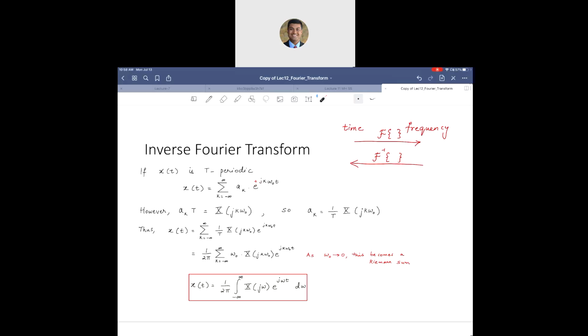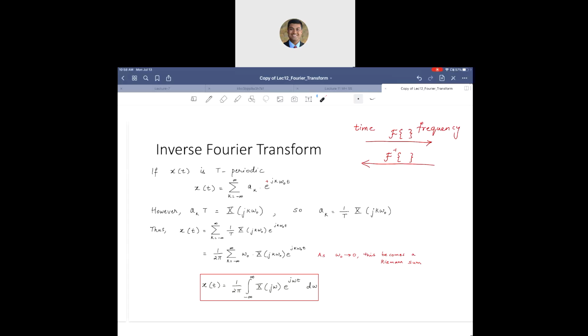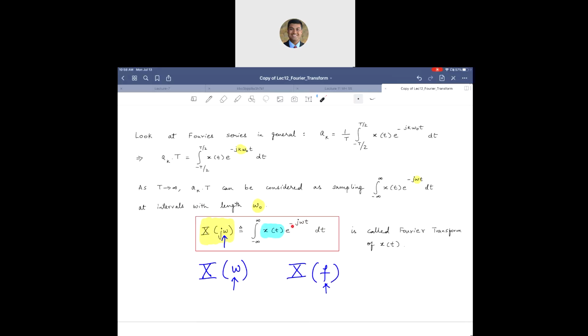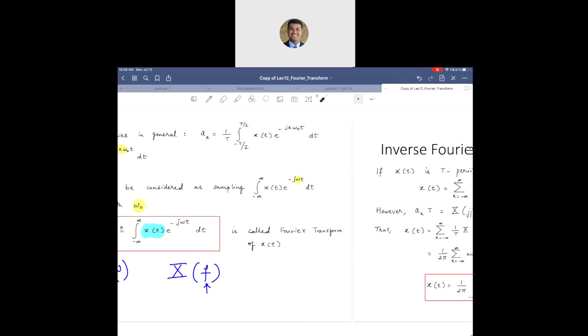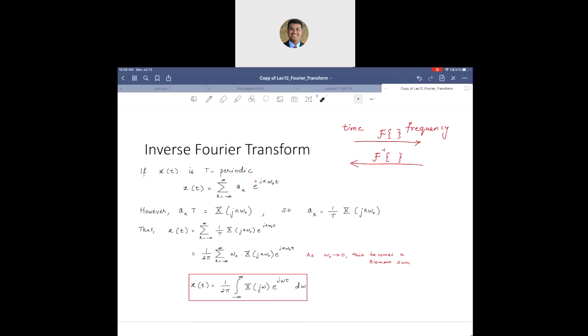Usually there is a confusion between the e to the plus j or minus j. So when you are evaluating the Fourier transform, you will get x of t e to the negative j omega t. But when you're finding out the inverse Fourier transform, you get a plus there. So be careful about that change.